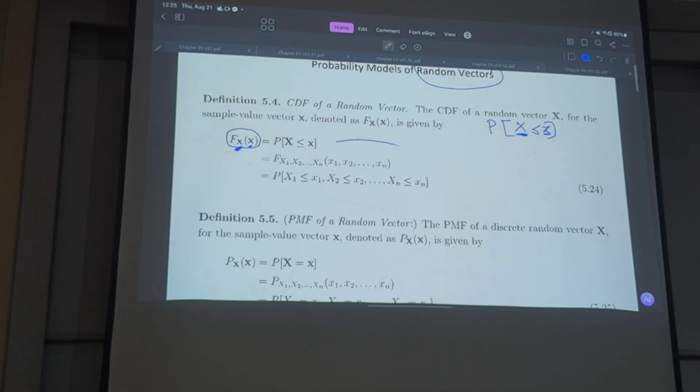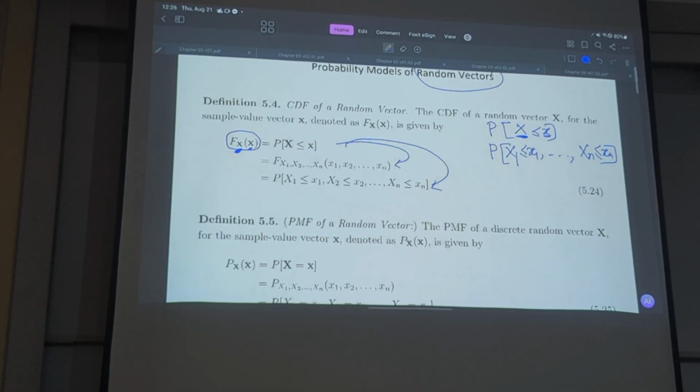The next one actually is easier to understand. It is the probability that the first random variable X1 is less than or equal to x1 and the nth random variable Xn is less than or equal to xn. So, the joint probability or multivariate joint probability that we have established for n random variables is the same as this one. That's why we can represent this one even in this way.